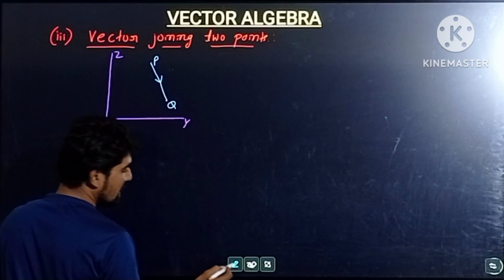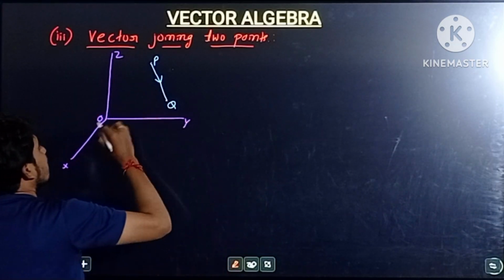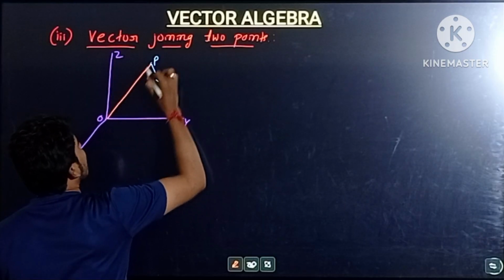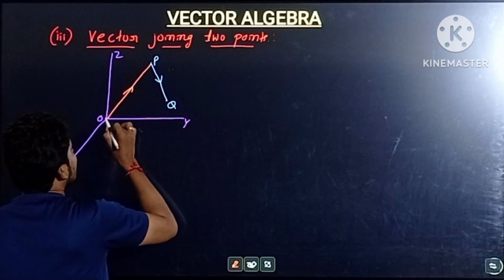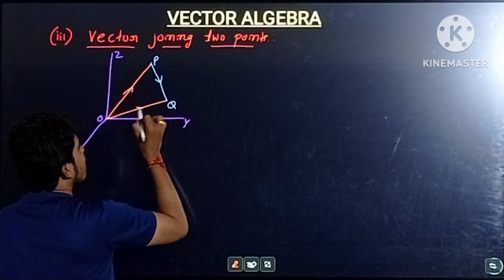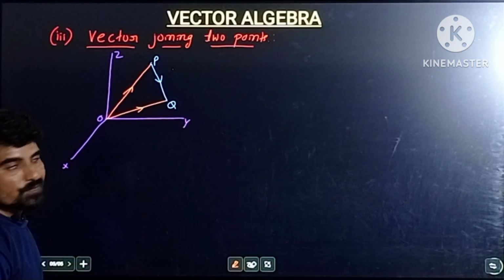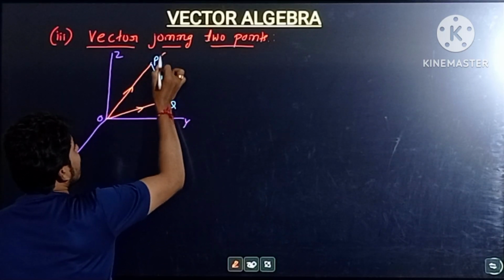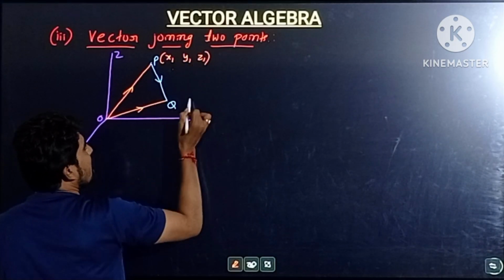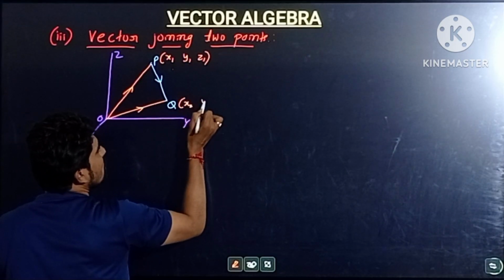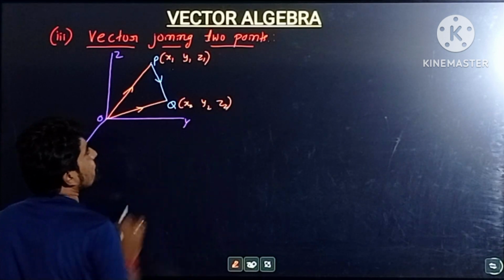As you know, the position vector of the point P is OP vector, direction from O to P, and the position vector of the point Q is OQ vector, direction from O to Q. And let's suppose coordinates of the point P are x1, y1, z1, and point Q are x2, y2, z2.